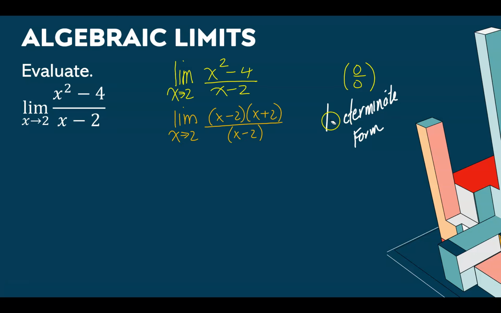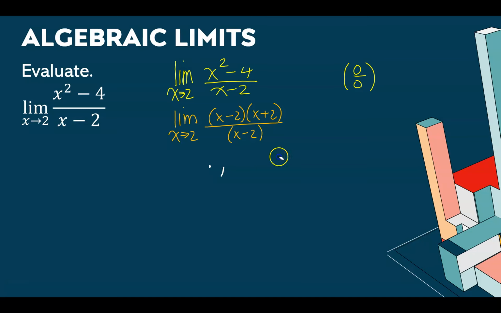Okay, anyways, so once we factor, we get the limit. Don't forget to write the limit as x approaches 2 out front. We're always going to write that as long as we have x's. x minus 2 times x plus 2 over x minus 2. Now, if we were doing a numeric limit, we would be inputting values like 2.1, 2.01, 2.001 into all the x's.